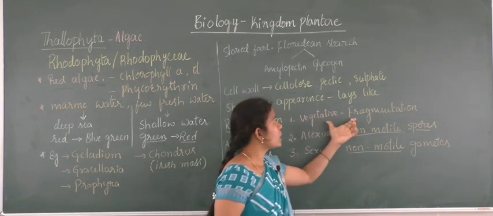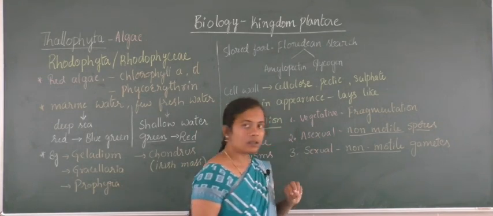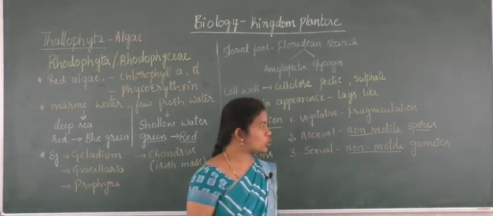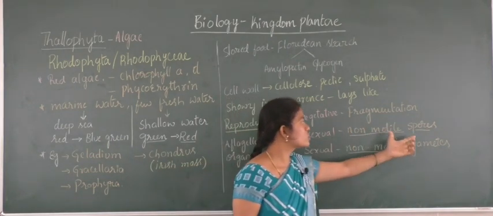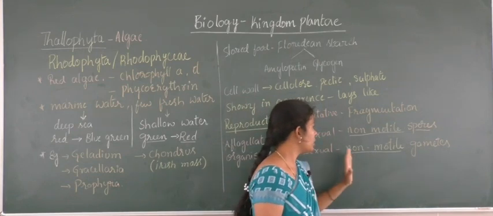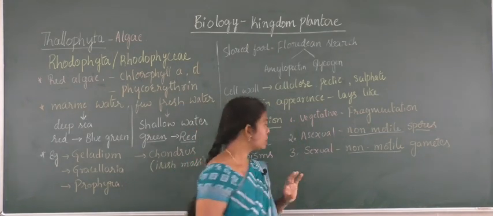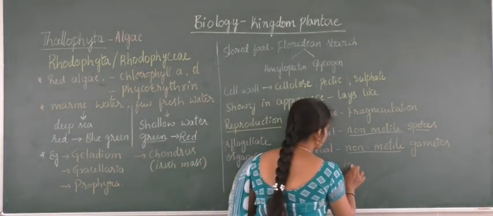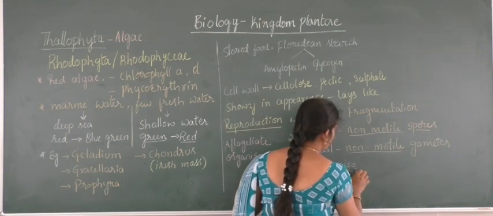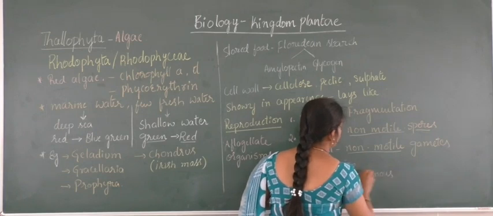In vegetative reproduction, there is part by part fragmentation of a Rhodophycean member and later they develop into individuals. And in the asexual method, spores are formed and they are non-motile. In the sexual method, gametes are formed and they are also non-motile. And you know that the process of reproduction can be isogamous or anisogamous.